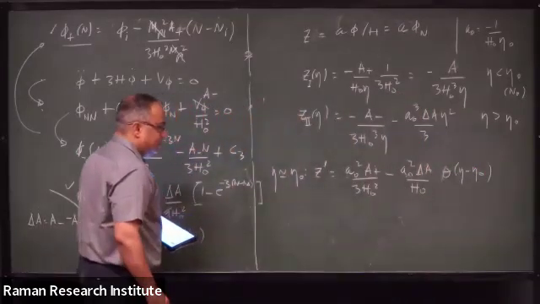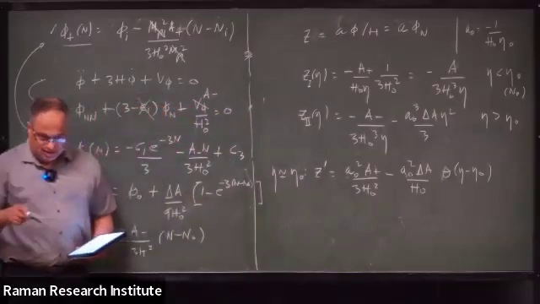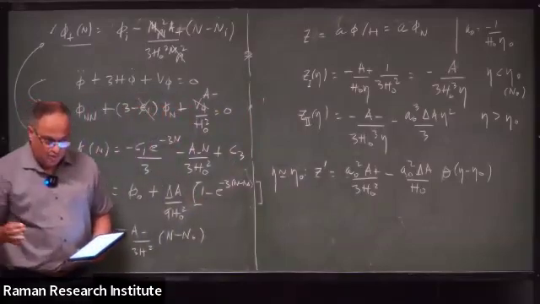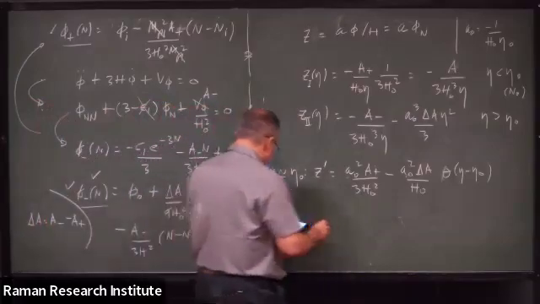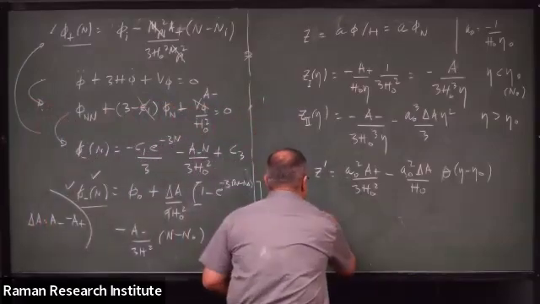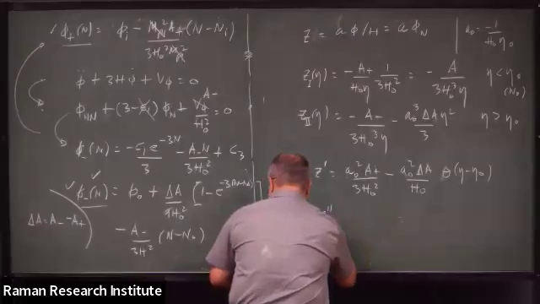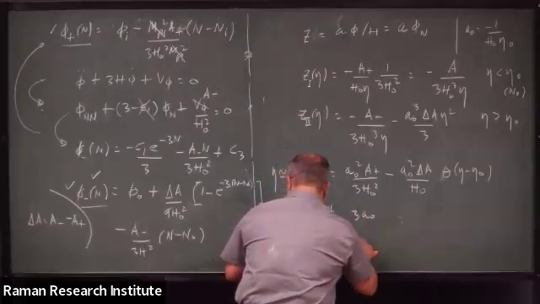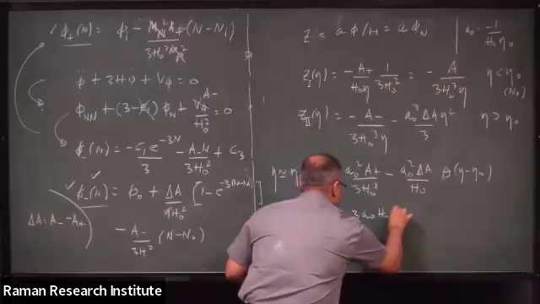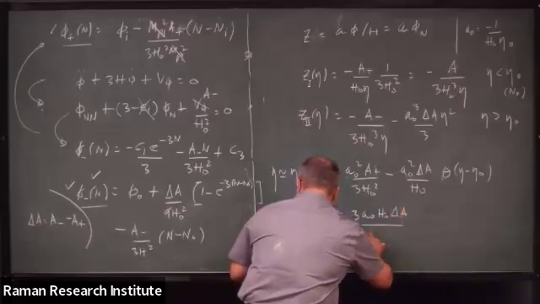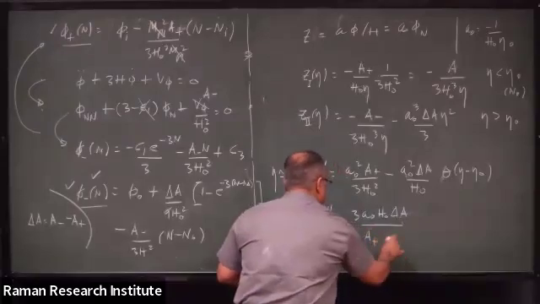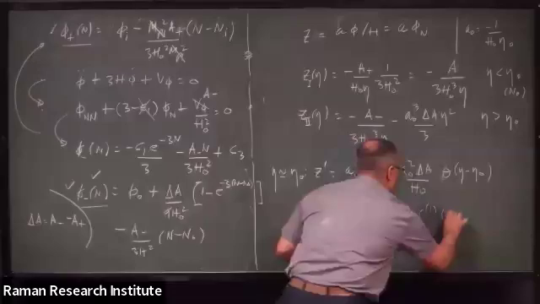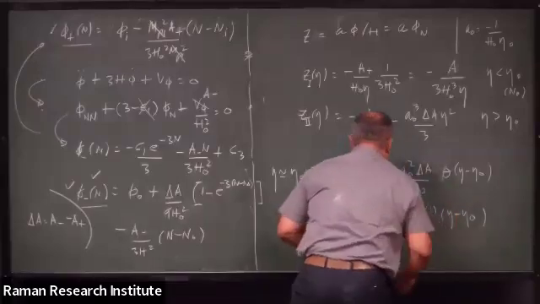It's not surprising that because of the sudden transition, the change in the slope, a theta function appears. And as a result, Z double prime by Z happens to be 3A naught H naught delta A divided by A plus delta 1 of eta minus eta naught.